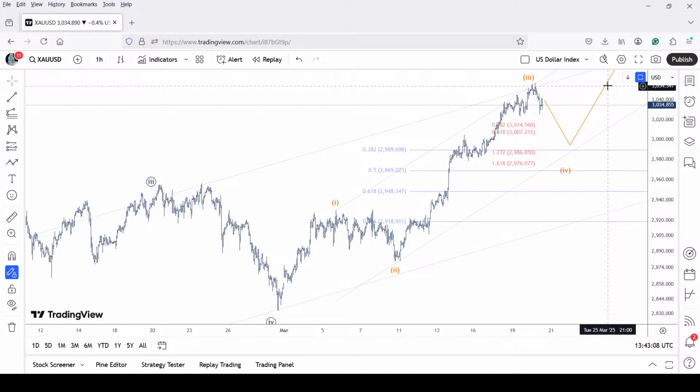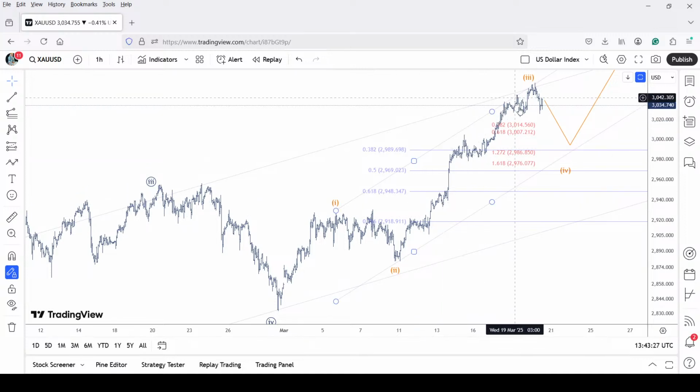All right. So the story in gold is now following the script. There's another count available actually. If we go by wave 1, 2, and 1, 2, 3, 4, 5, I think wave 3 is good enough, and now we are beginning to cut loose on the fourth wave, and maybe the first wave A is complete, wave B is underway, and wave C should then resume lower towards the 2990 zone.